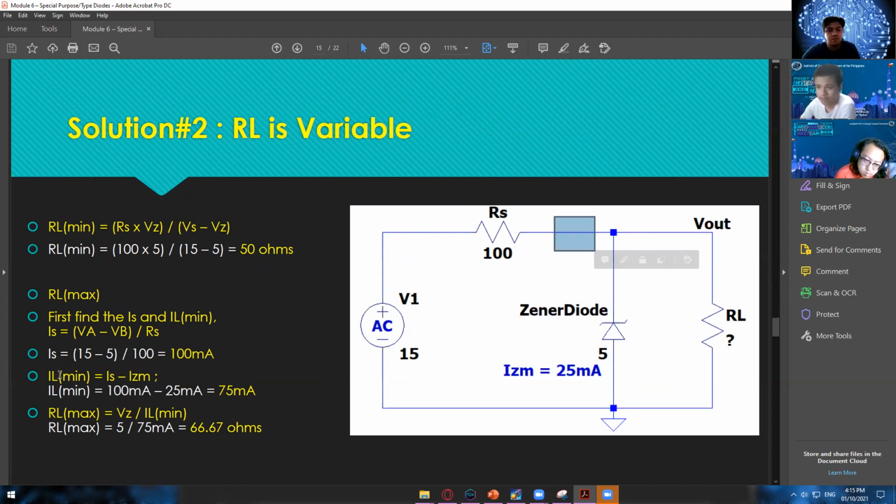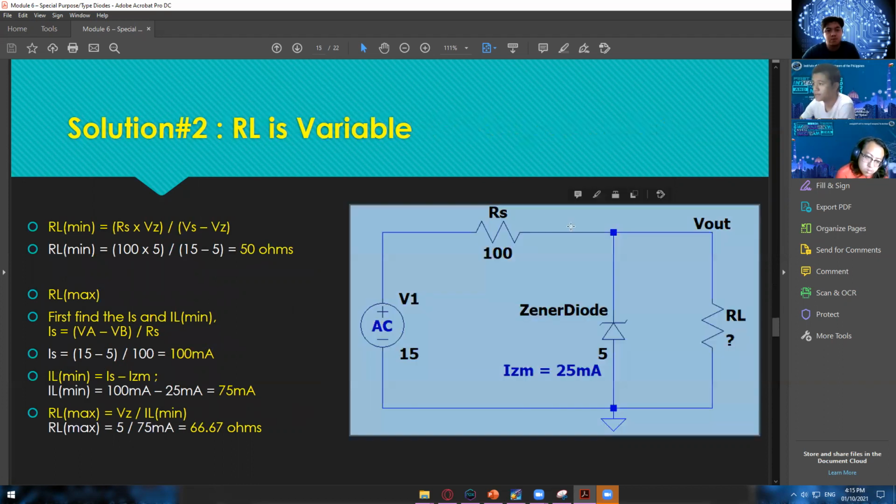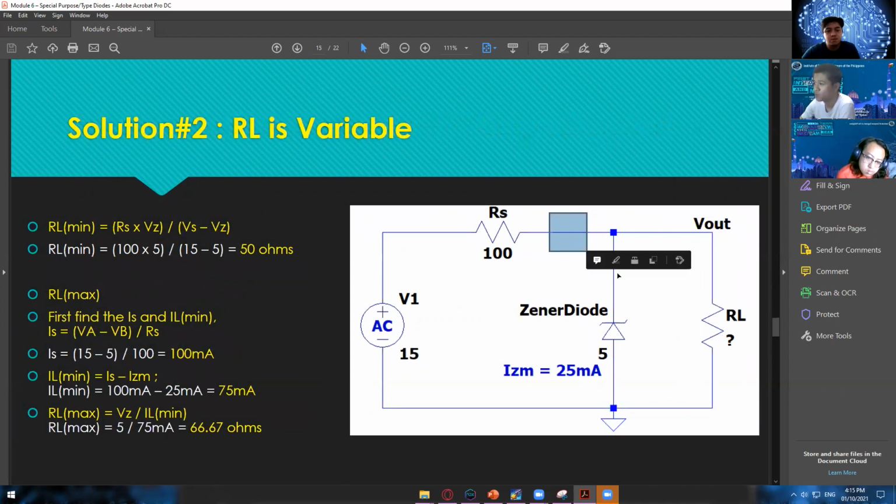And then for the IL min, we can use the formula IS is equal to IZ plus IL. So IL min is equal to IS minus IZM. The only additional thing here is the IZM.